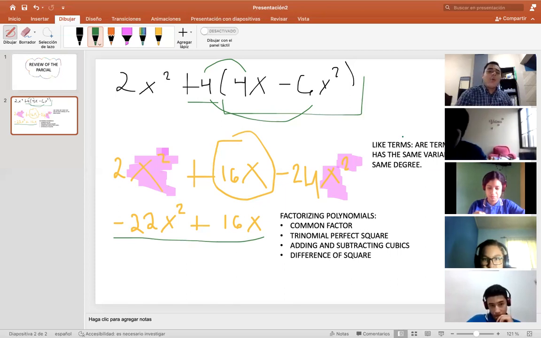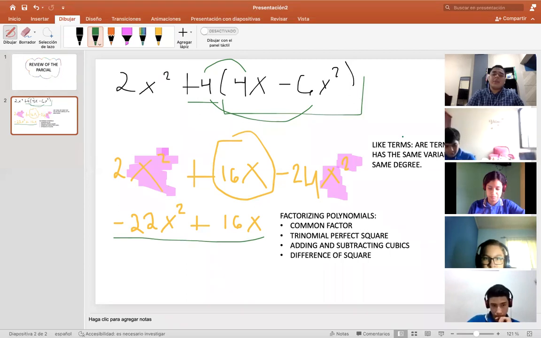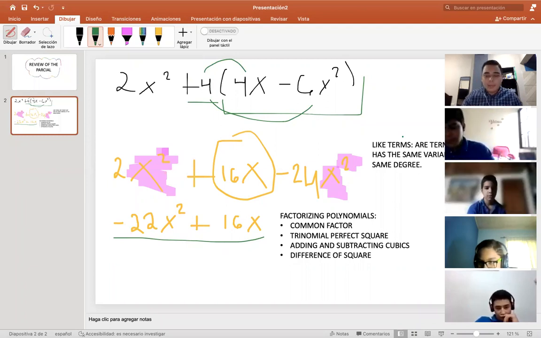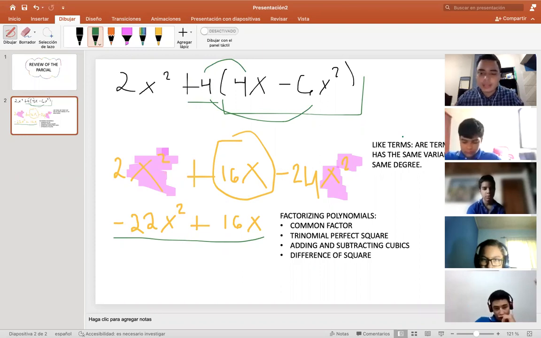Guys, what is the difference of a square? When we have a binomial that is subtracting, and both terms are perfect square roots. What is adding and subtracting cubics?